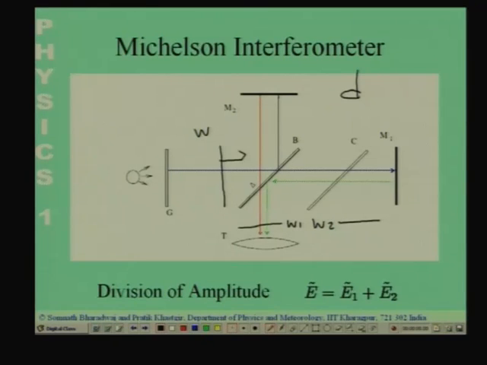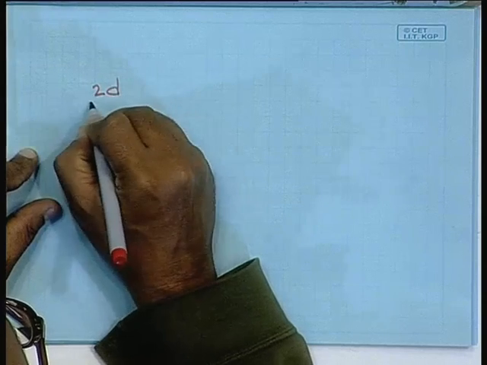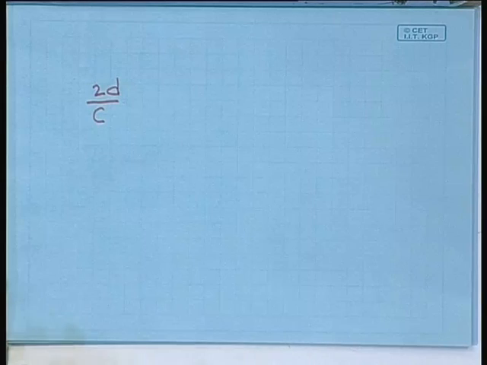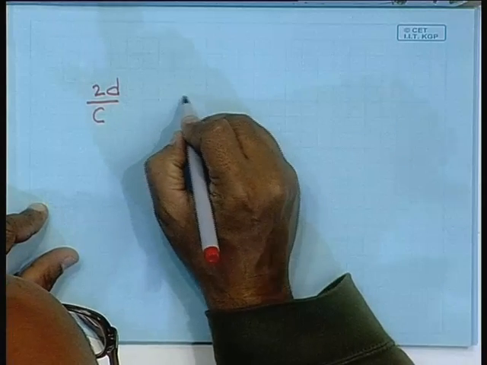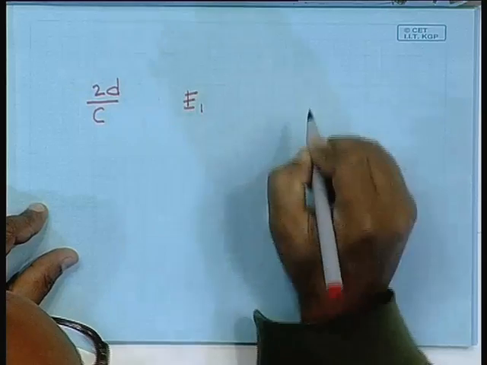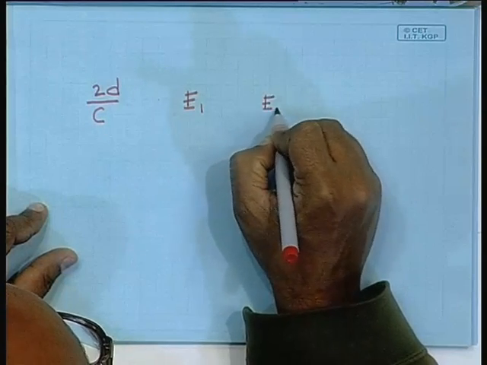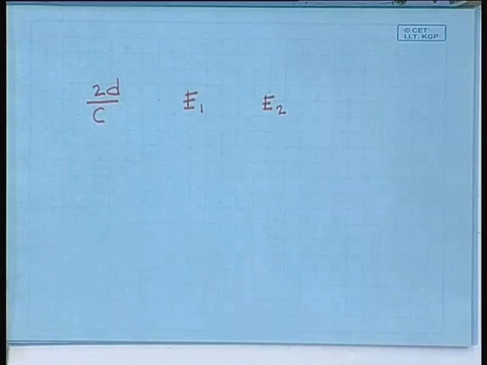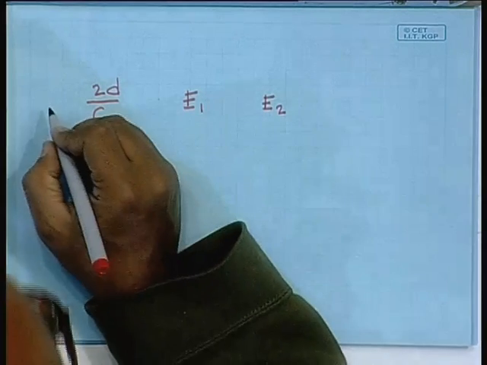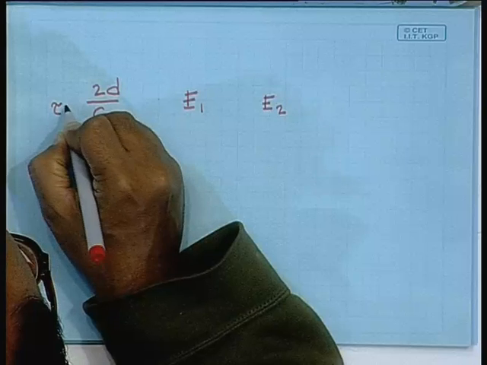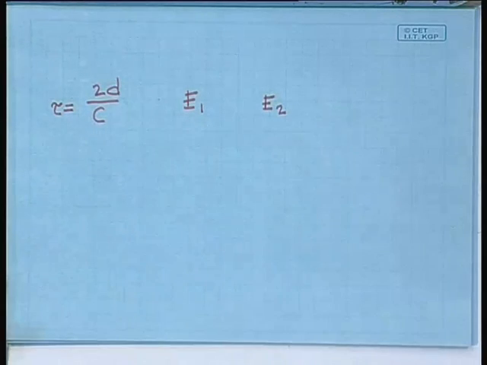So the two waves, E1 and E2, the two waves W1 and W2, arrive with a time delay of 2d by c. Let us call this time delay tau.